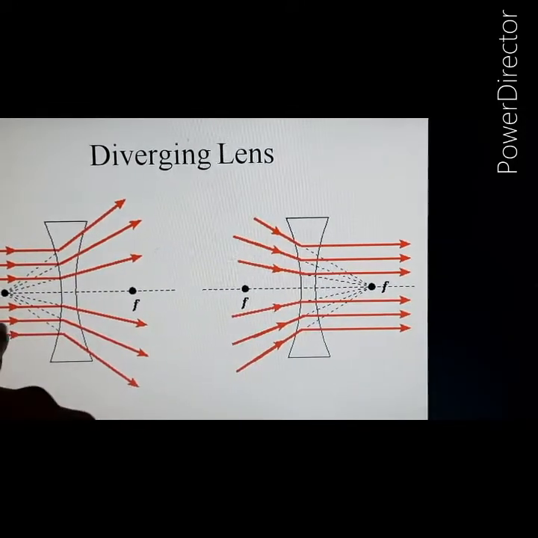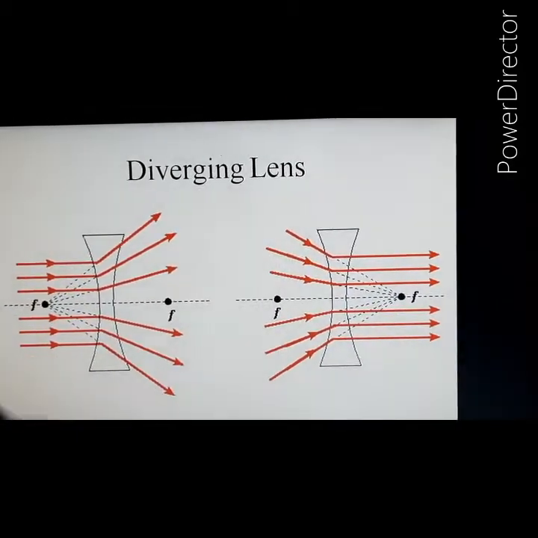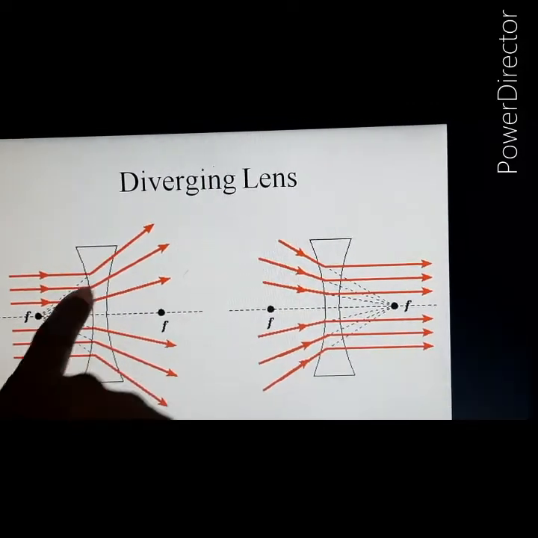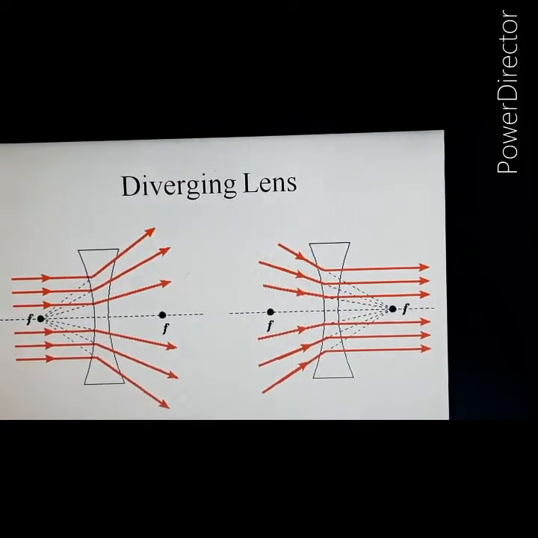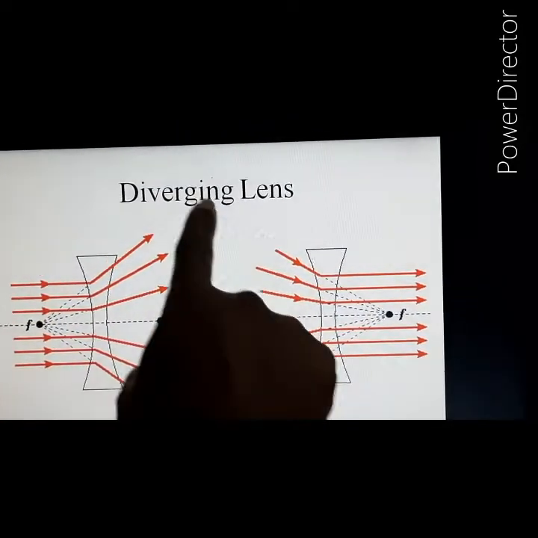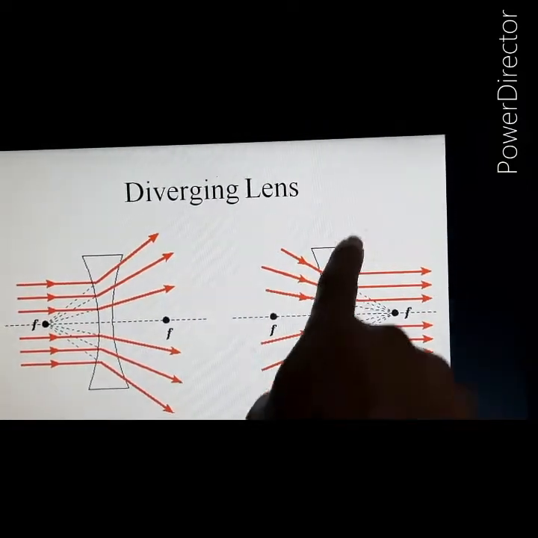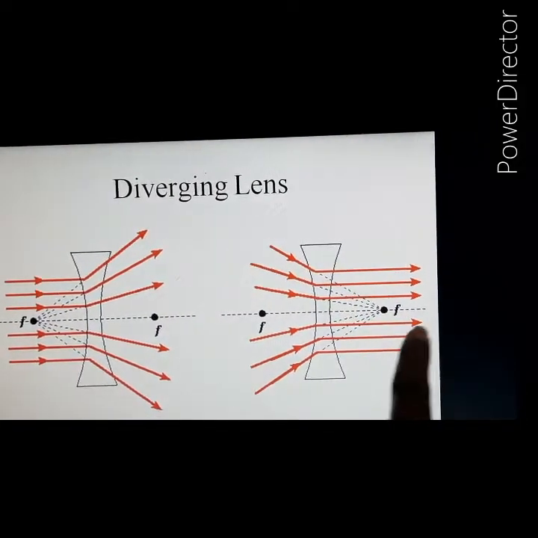Why do they appear to meet, sir? Our purpose is to calculate the position of the image, where it will form. For that purpose we take the apparent position of the focus in the diverging lens. All the light rays which have diverged, if they enter at the concave surface, will pass parallel as in the previous case.